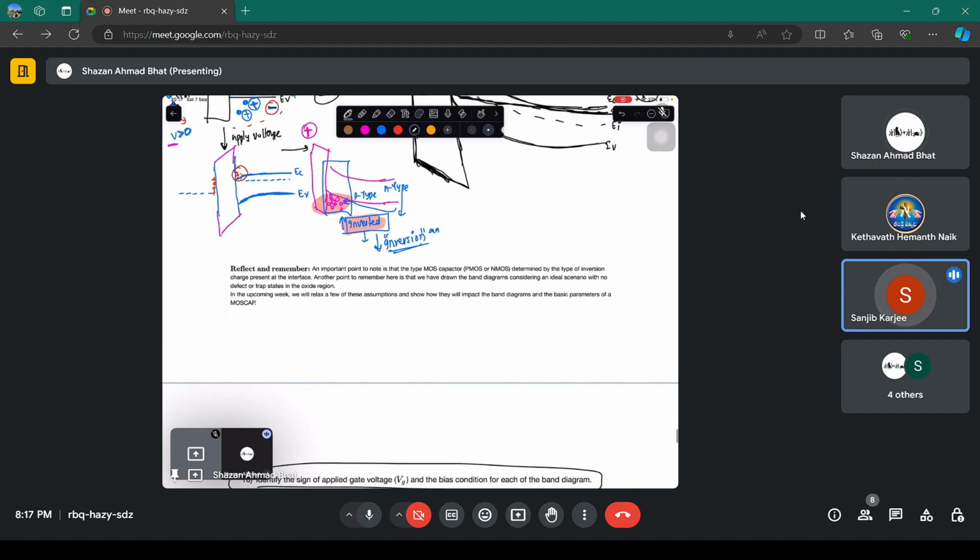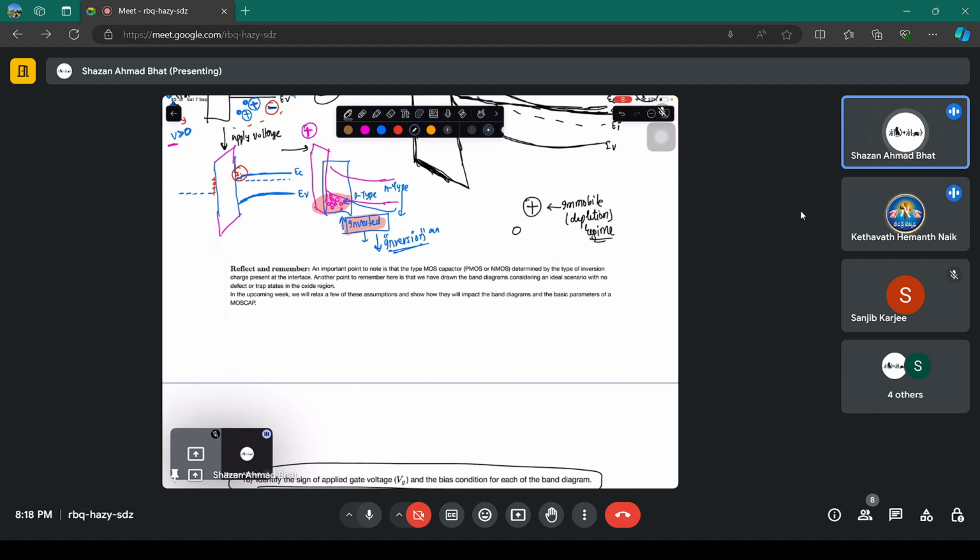Sir, holes means positive charge, sir. I told you a couple of times that there are immobile charges and there are mobile charges. This is immobile when I show this. These are ions, which you mostly see in the depletion region of a MOS capacitor.